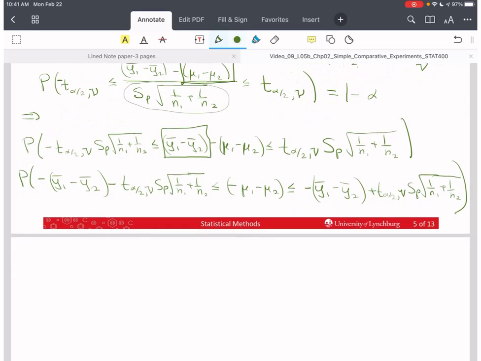I need a positive here. I have this wrong. So this is a negative out in the front. I want a positive for this.